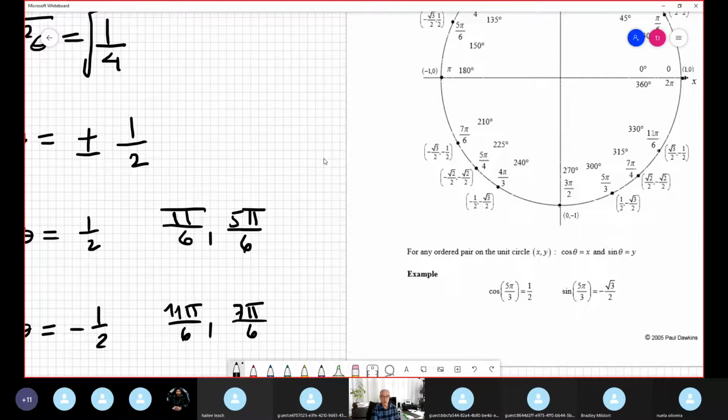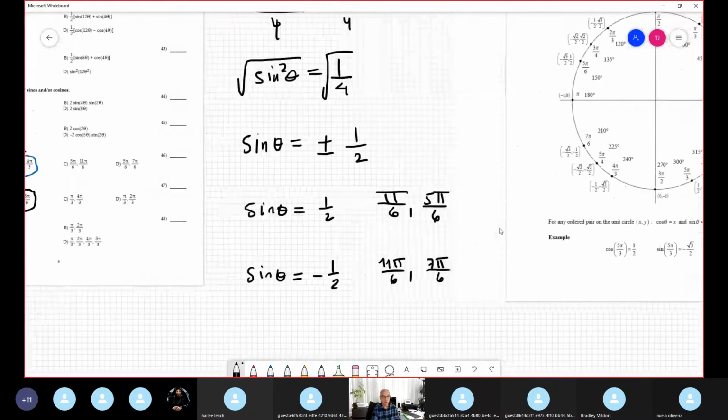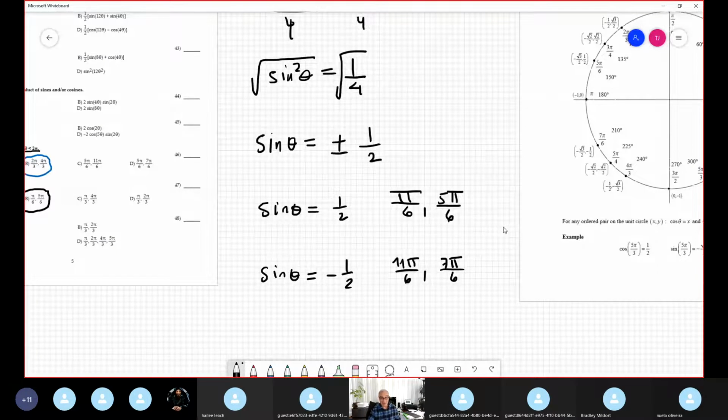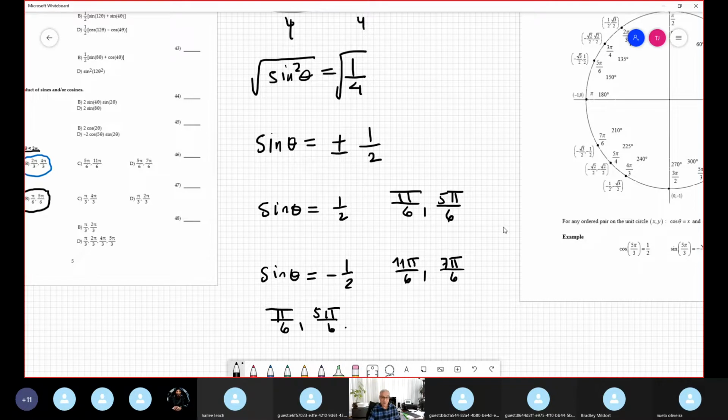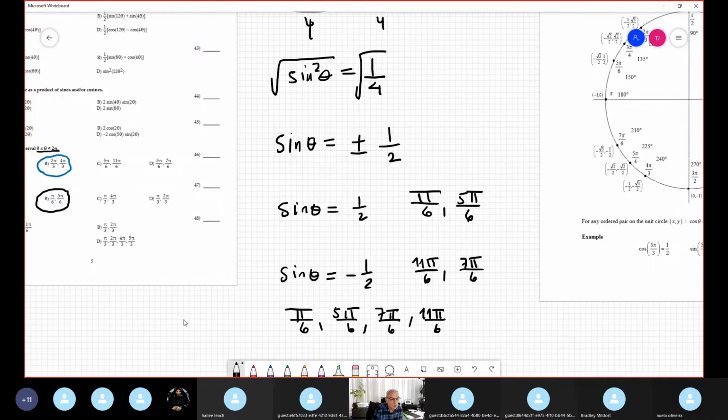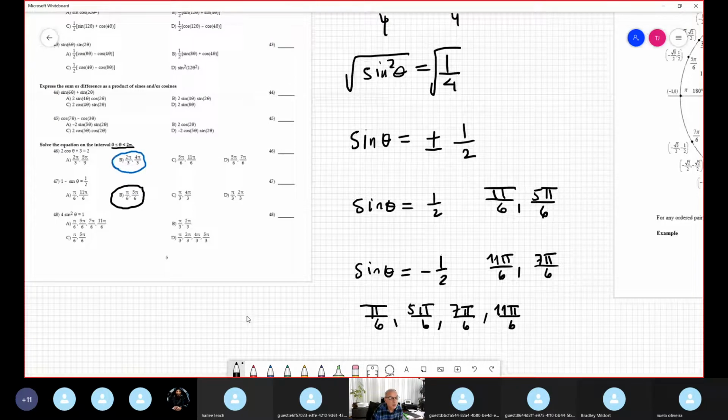You organize them in ascending order: pi over 6 is the first, 5 pi over 6 the second, 7 pi over 6 the third, and 11 pi over 6 the last one. That is option A, I guess. Right?